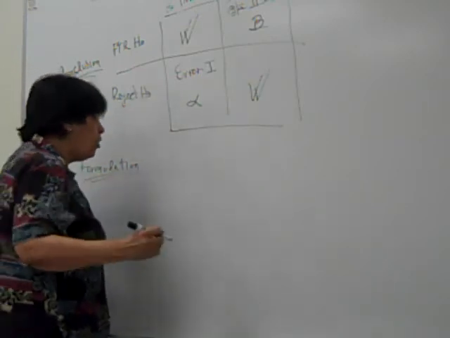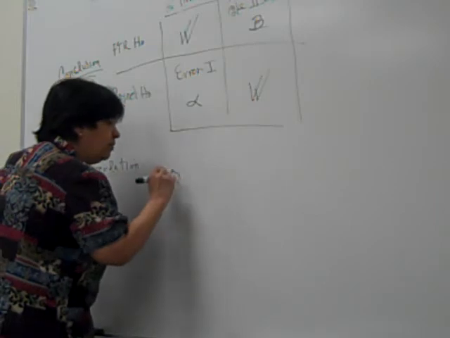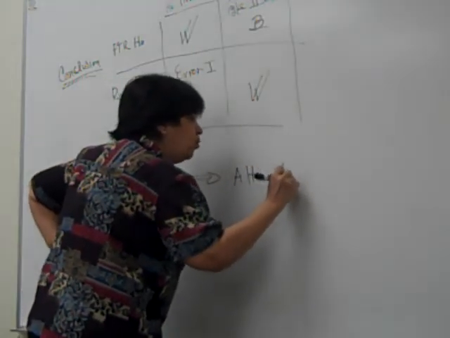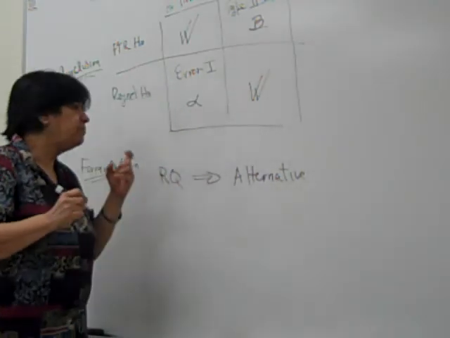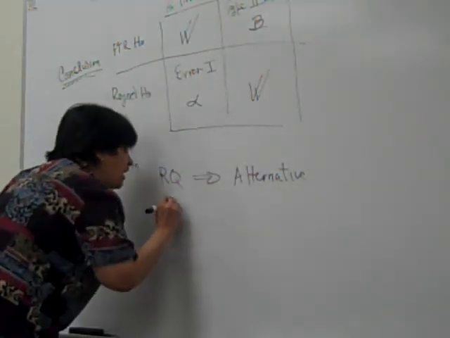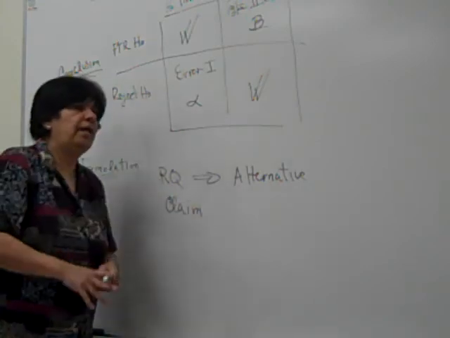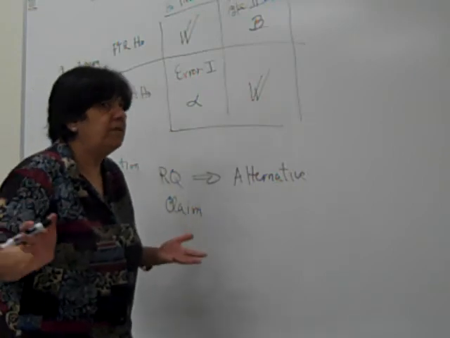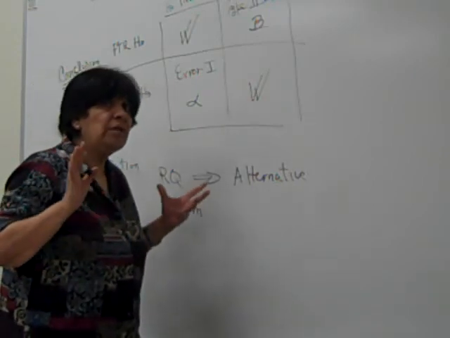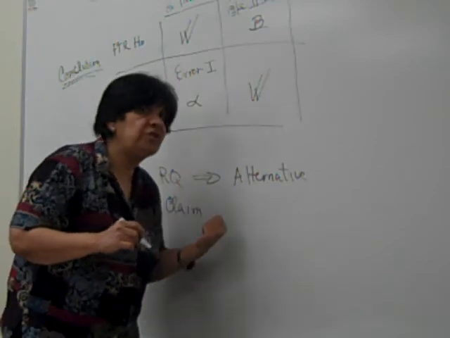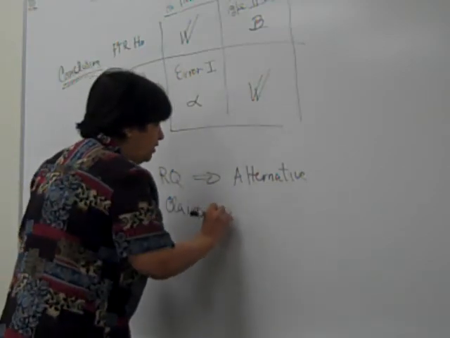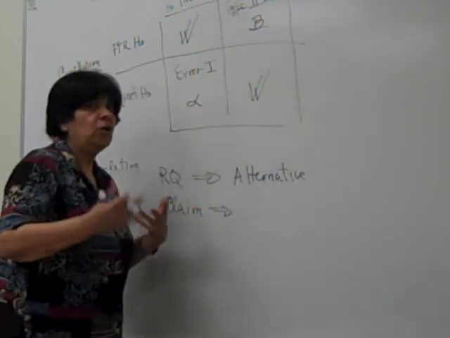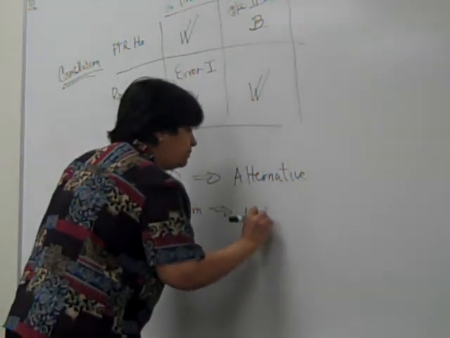When we have a research question, the research question goes in the alternative hypothesis because that's the one that we would like to prove. Now, when we have a claim from someone like, my light bulbs last more than 3,000 hours, what we would like to prove is the opposite of that claim. So the opposite of the claim goes in the alternative hypothesis, and the claim itself goes in the null hypothesis.